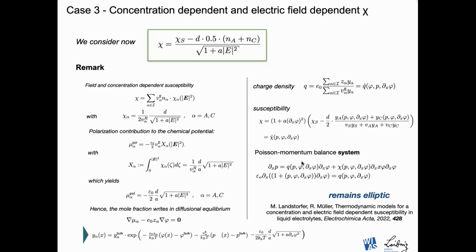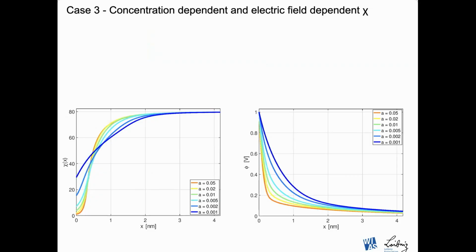And that this remains elliptic seems surprising in the first place, but it more or less relies on the fact that you always have electric field square terms and not just electric field terms. So this equation system, which is written down here, looks a little bit messy, but you can solve it numerically.